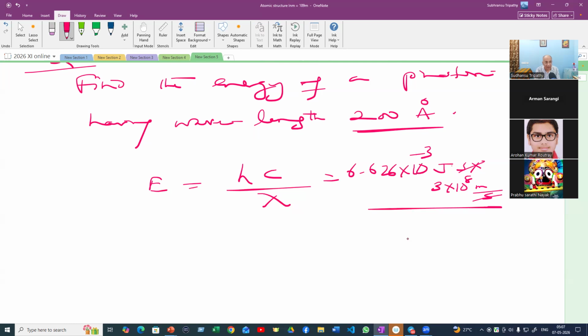And lambda, let us convert it to meter. 200 angstrom, 1 angstrom is 10 to the minus 10 meter. So meter also cancels, and finally you are left with joule. So quickly tell me what will be the value of energy of one single photon of the radiation whose wavelength is given, 200 angstrom.